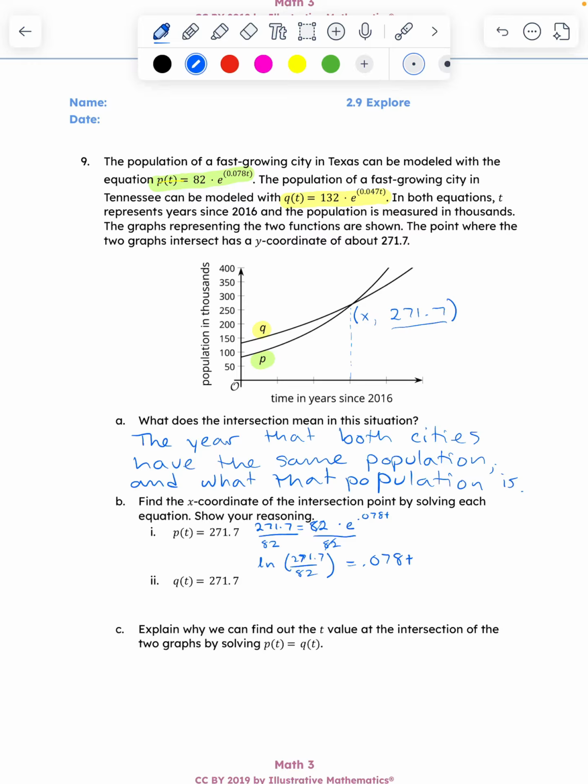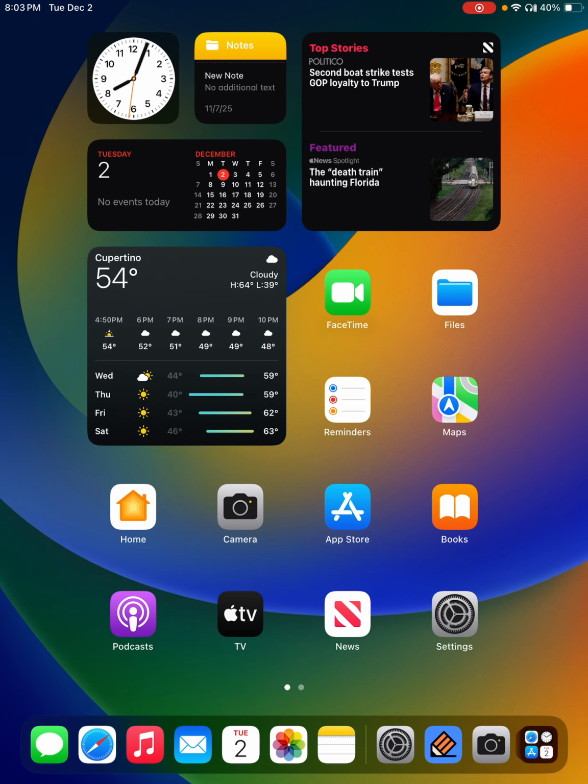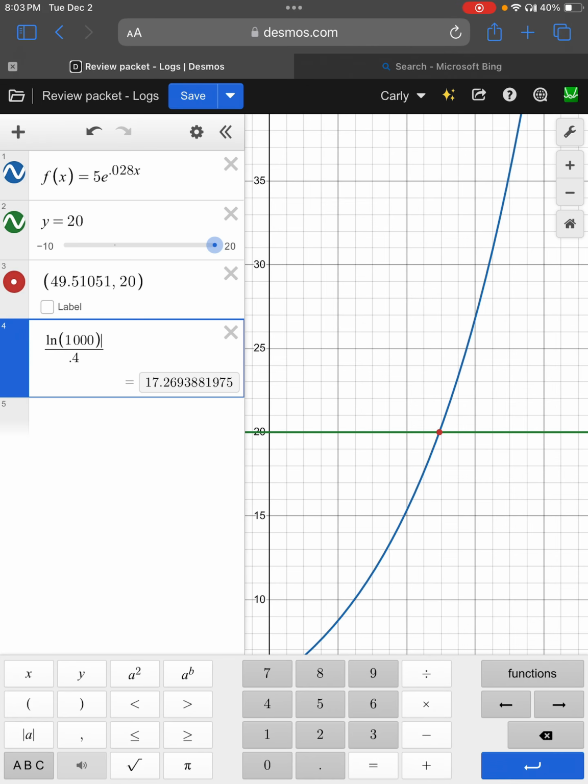And then I can pop over to my calculator. I'm going to want to use the same situation: 271.7 divided by 82.